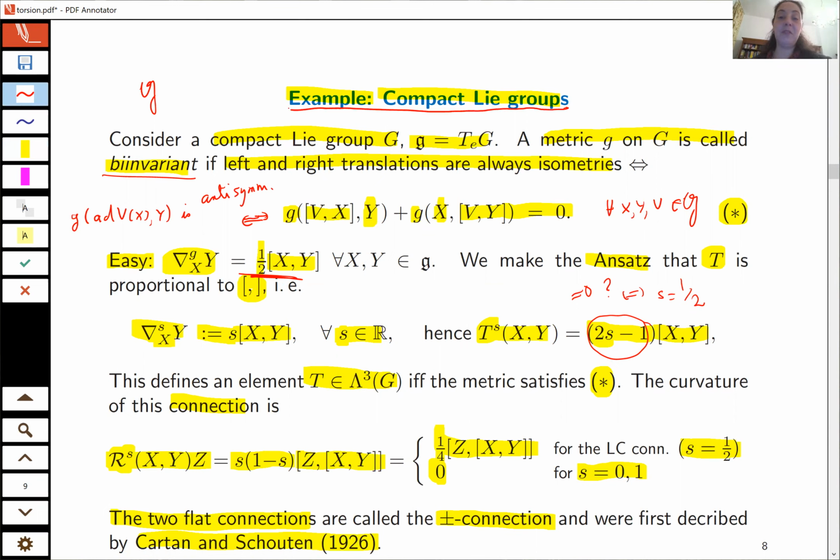Now, this case of a compact Lie group is in some way the flat case. Not totally, but almost. If you think of the Levi-Civita connection, for the Levi-Civita connection, the flat case is just R n. If the Levi-Civita connection has no curvature, then you prove that you are isometric to a piece of flat R n.